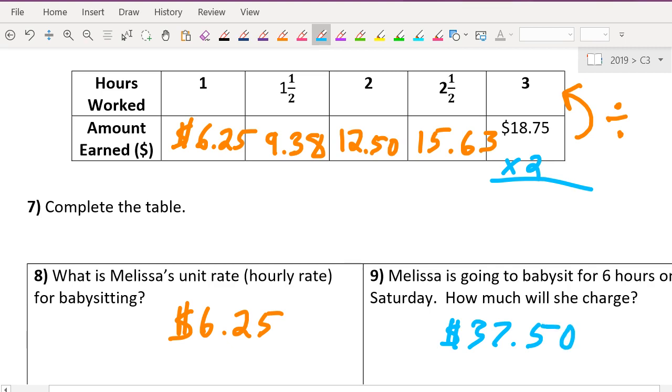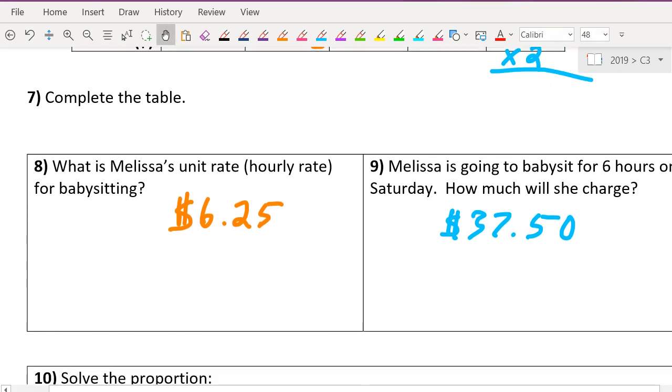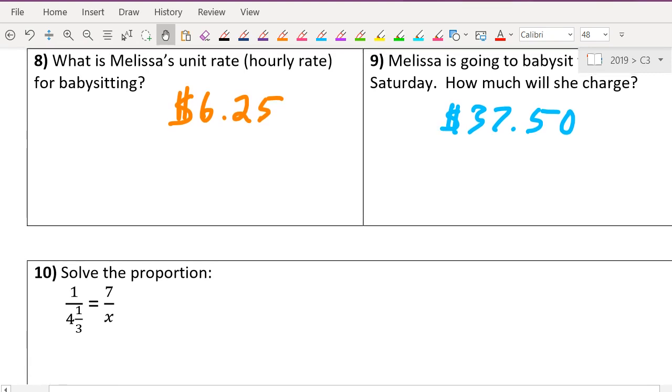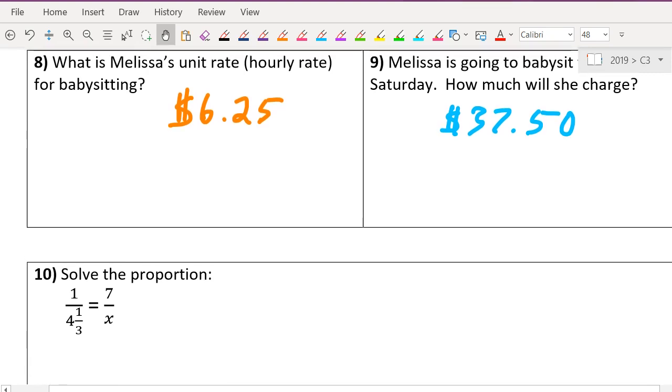So she made double, then she made 3 hours. Is that the last question, or is there more? There's one more. Okay, now we've got a proportion. Again, you can do this one without cross multiplication. You can just multiply from the left to right. How much is it multiplying by? Times 7. So we just multiply times 7.